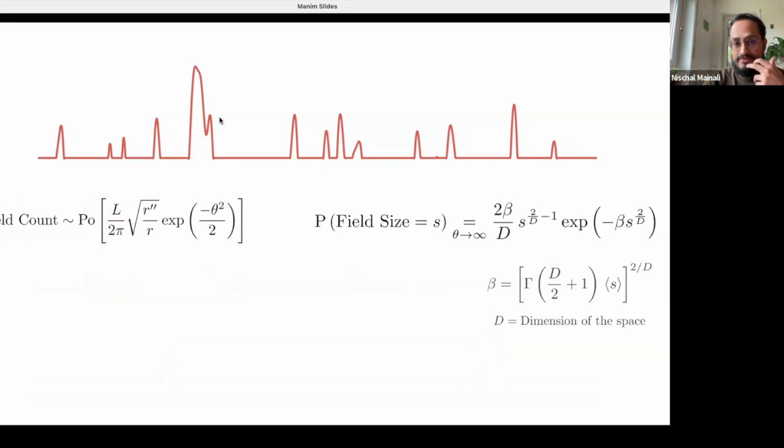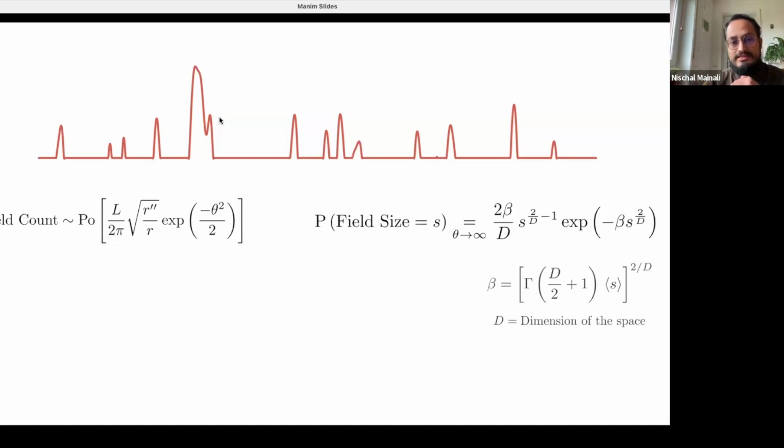And various properties of these excursion sets can be studied exactly. So on the left is the distribution of count. So what is the distribution of the number of such excursion sets, or number of fields? This can be calculated exactly as a Poisson distribution with the rate given by Rice's formula. So Rice's is a theorem that allows us to study threshold crossings of a stochastic process in a very exact way.